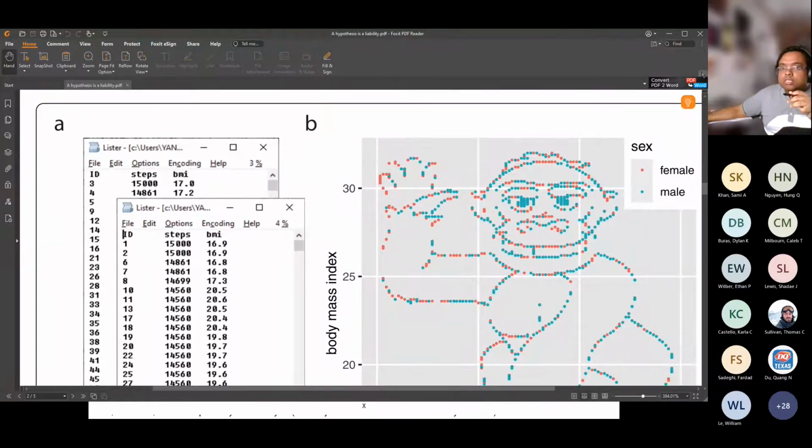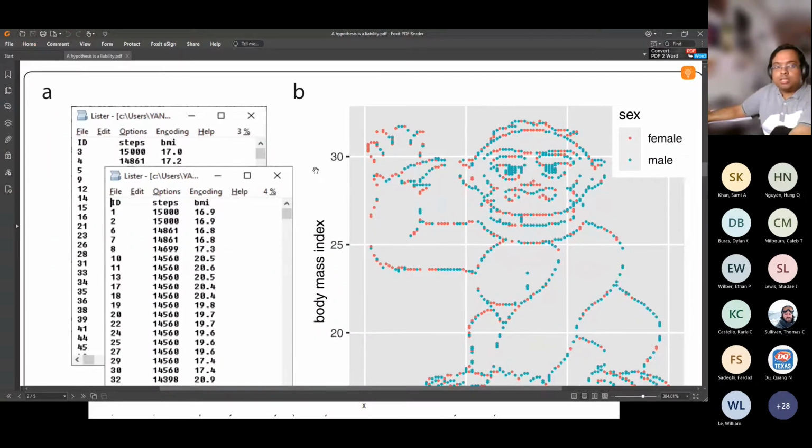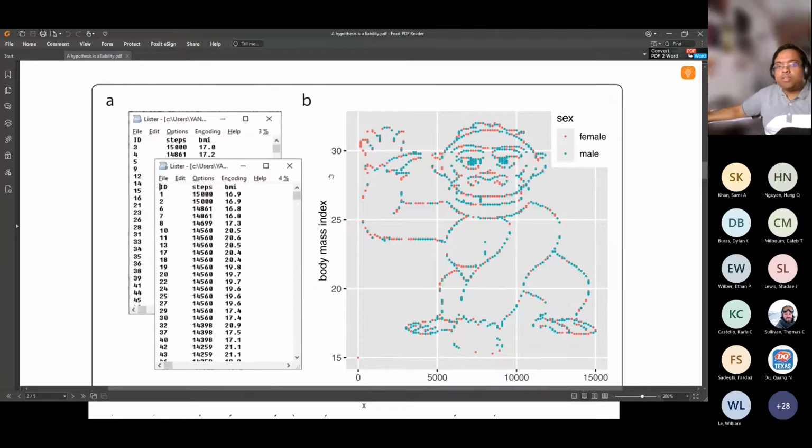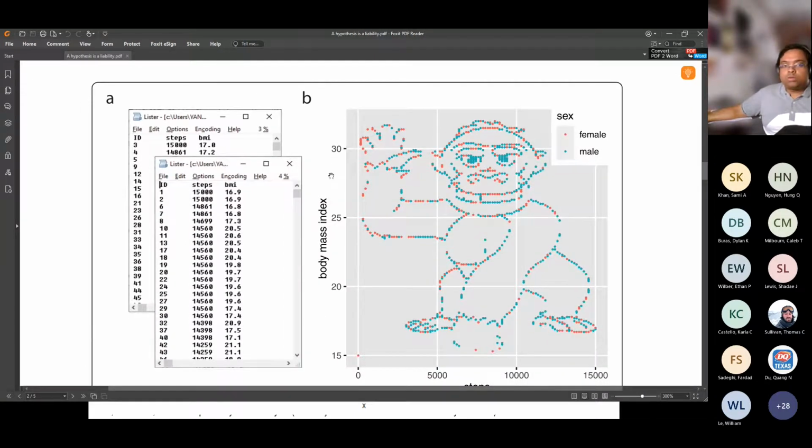I hope you guys can see this. This is a paper that came out a couple of years ago, where they created two groups: a control group of people who were not told what they were looking for in the data, and a group of people who were told that they need to figure out some correlations between the number of steps taken by a person running on a treadmill or something, and their BMI.